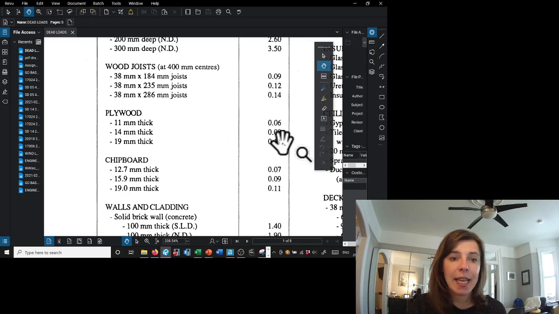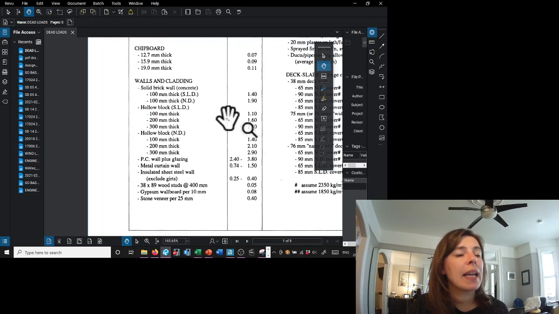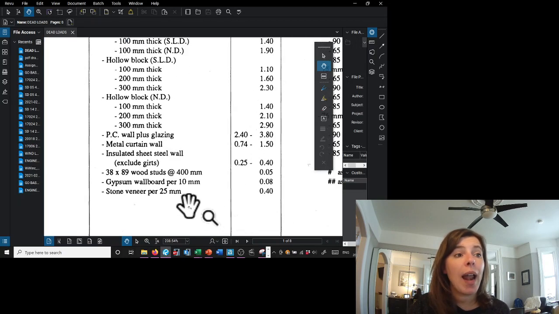And then the last thing was 1/2 inch of stone veneer. Walls and cladding. Stone veneer per 25 millimeters, which is an inch. So we want 1/2 inch, or half of 0.4 kPa.